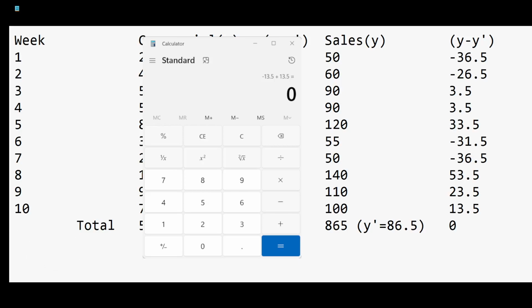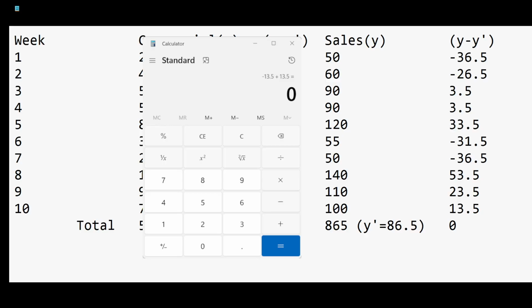Okay, so we now already computed our y minus y prime and also our x minus x prime. So please check your paper if you got it correctly.